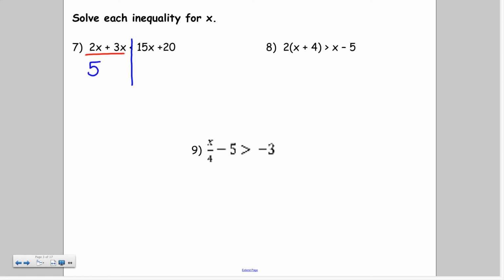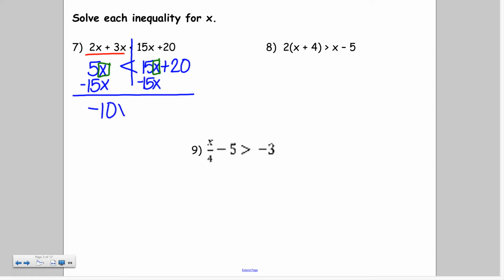So I have 5x is less than 15x plus 20. Now I want to get x by itself, so I'm going to have to combine what's on left and what's on right. So I'm going to subtract 15x from both sides. This is going to give me a negative 10x is less than a positive 20.